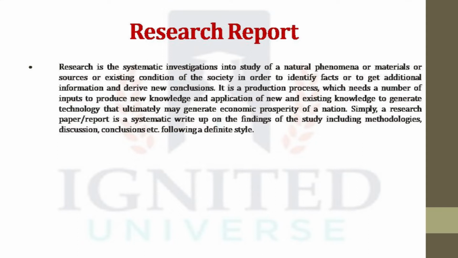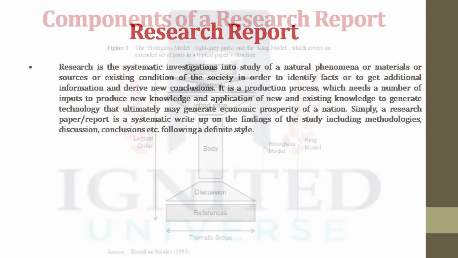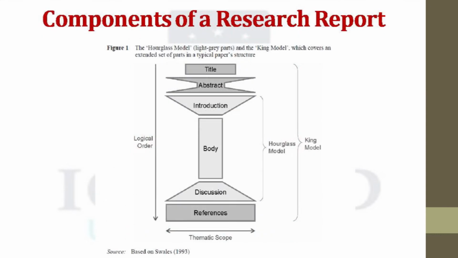So the exact component model of a research paper is given by this picture. If you look at this picture, this is like a king player of a chess game. So the entire model is called the king model.